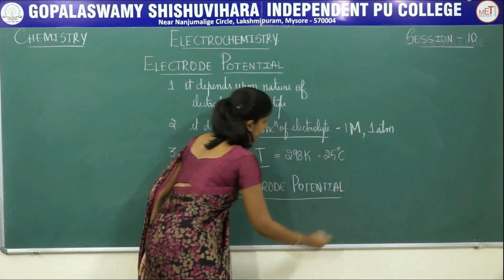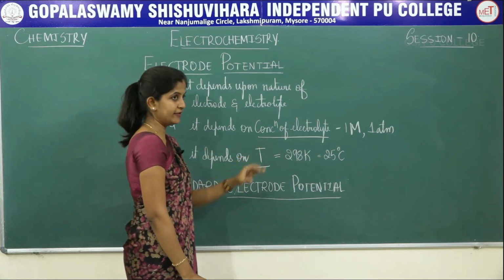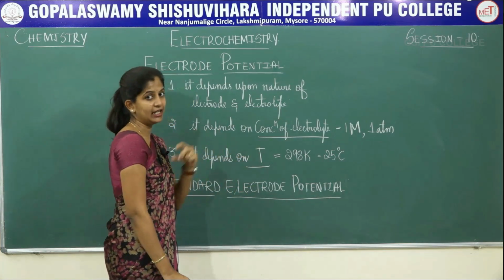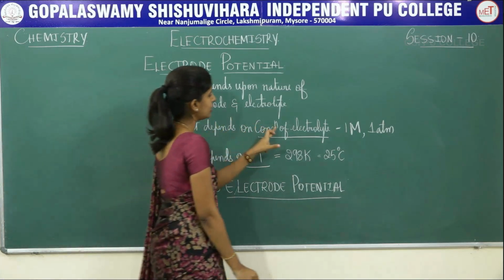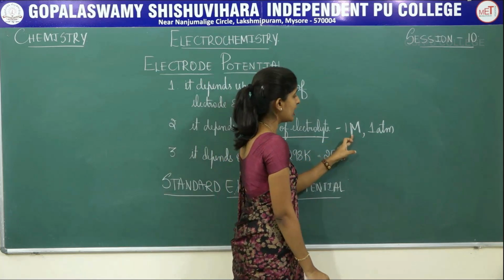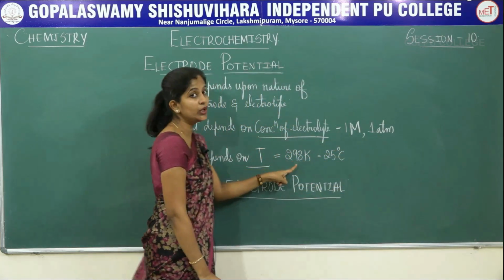So what do you mean by standard electrode potential? Very simple. It is the potential difference developed between the electrode and the electrolyte at equilibrium, at standard conditions: the concentration of electrolyte is 1 molar, if it is a gas it is 1 atmosphere, and the temperature is 298 Kelvin.